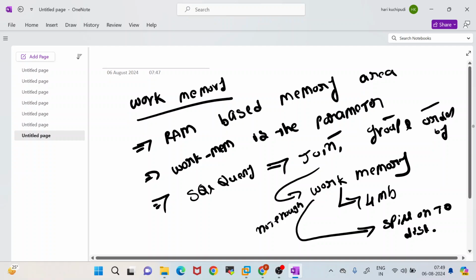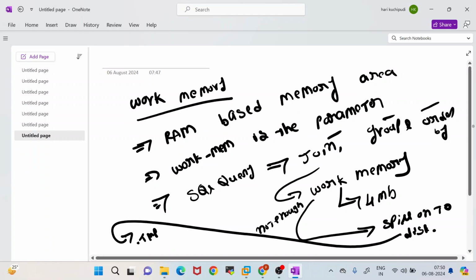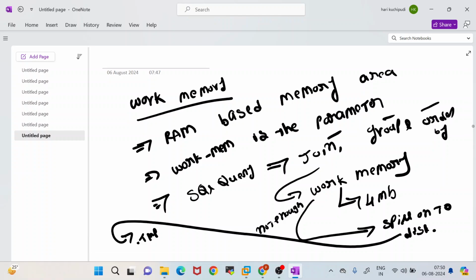How do we know that operations are spilling onto the disk? Whenever an operation is spilled onto the disk, at the operating system level we could see .tmp files getting created. So let's say a query is running from a particular session, and you see .tmp files getting generated at the OS level.